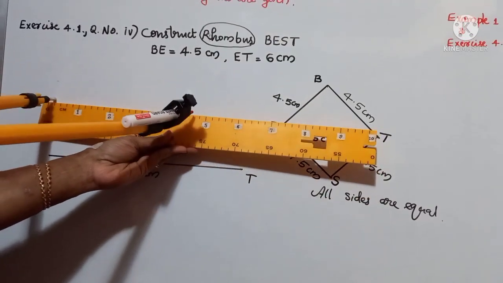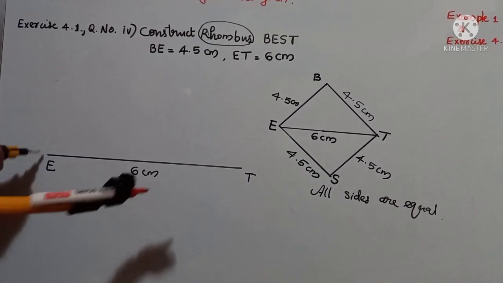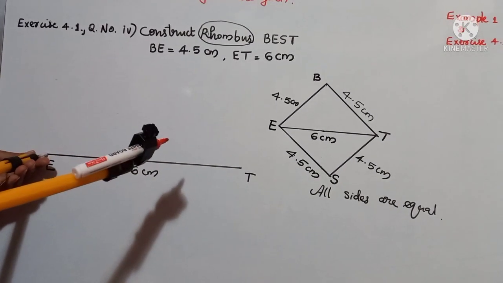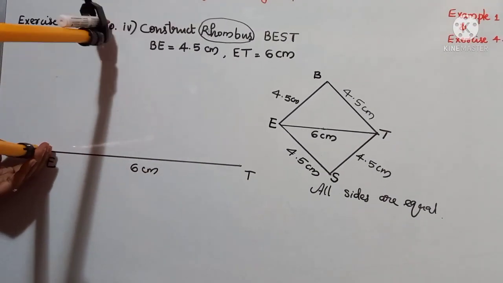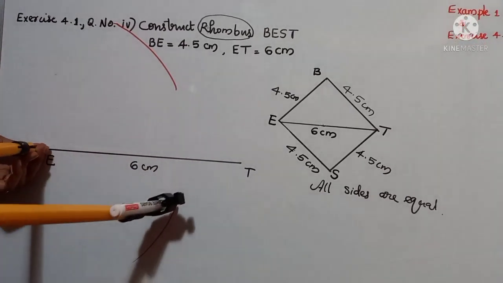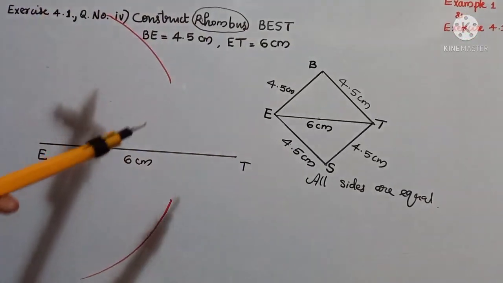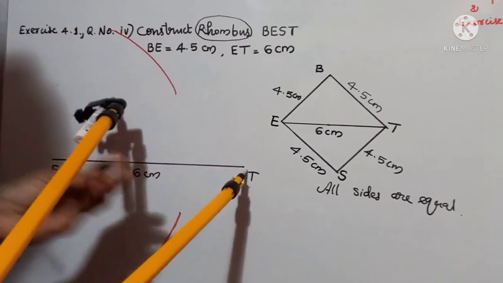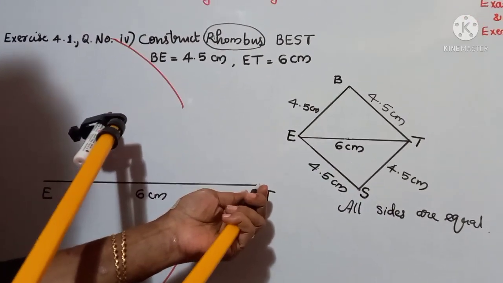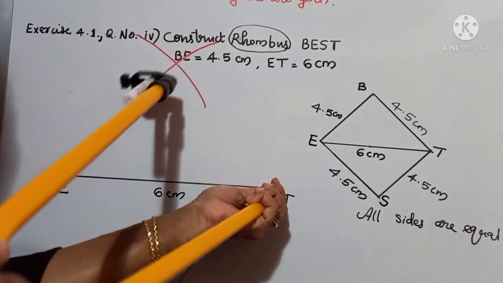Then next we have to take a compass, and our compass width should be 4.5 centimeter. Here you can see that 4.5. Then pointing on E, draw one arc on the upper part and lower part. And no need to change that compass width. Similarly, we have to point it on T, draw an arc up and down.